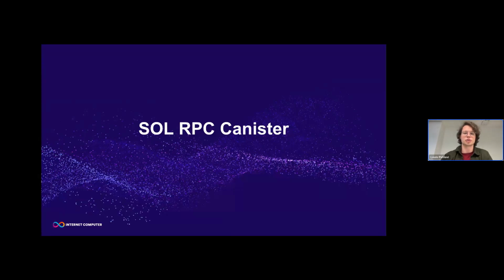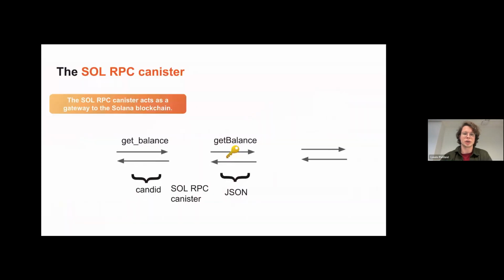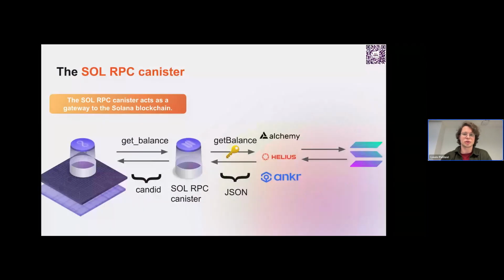This is an infrastructure canister maintained by the DFINITY Foundation that essentially offers an easy-to-use interface for canisters to interact with Solana. So we've seen that HTTP outcalls and threshold signatures give us all the building blocks we need to interact with Solana, but still, building a canister that securely and correctly interacts with Solana can be challenging. There's a lot of ways to shoot yourself in the foot.